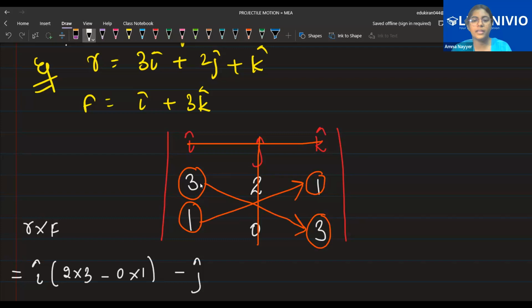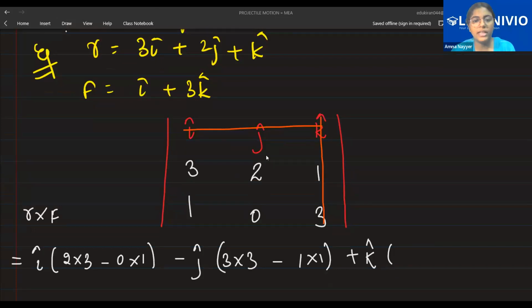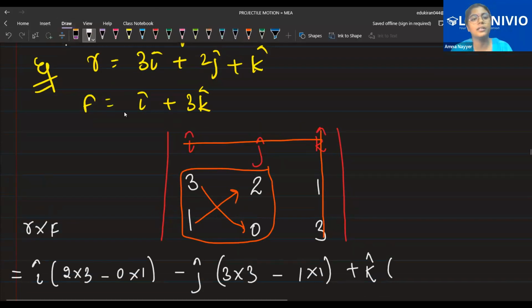Now again, we cut the entire row and column of K cap. So again, we are left with these 4. So vertically down minus vertically up. This is how you have to remember it.